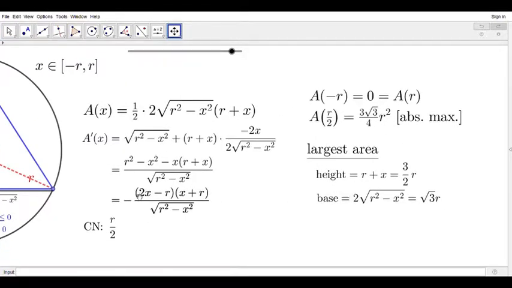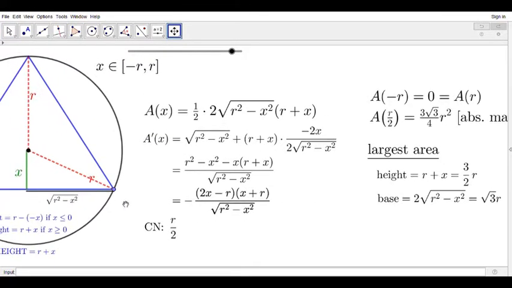And then the base is double this radical, so double the square root of r squared minus x squared. Using x equal to r over 2 as our critical number, you are going to end up with square root of 3 times r. Here's the same dimensions from before, so I don't need to explain anymore why it would follow that the triangle with the largest area, which with this triangle being isosceles, it should be equilateral.